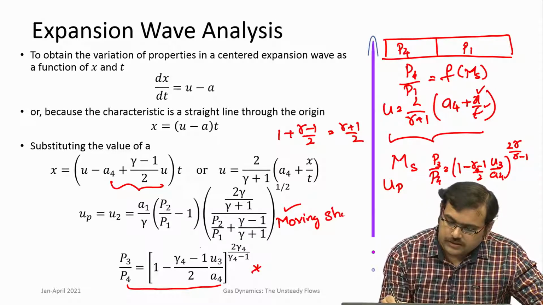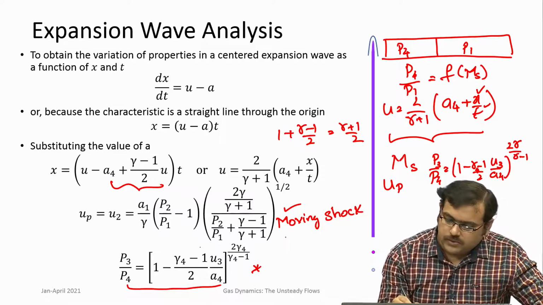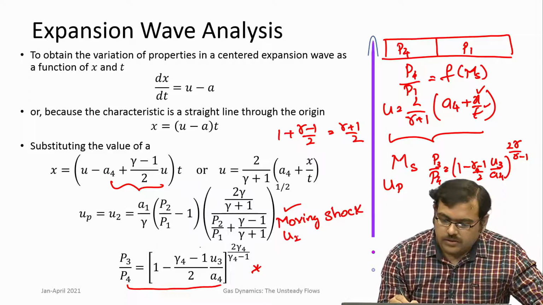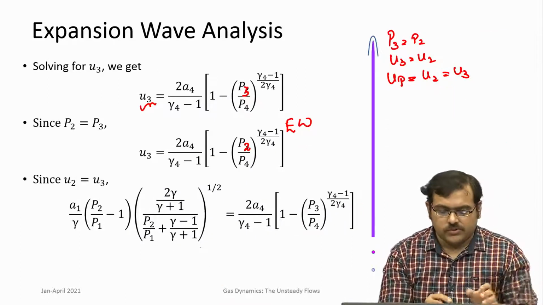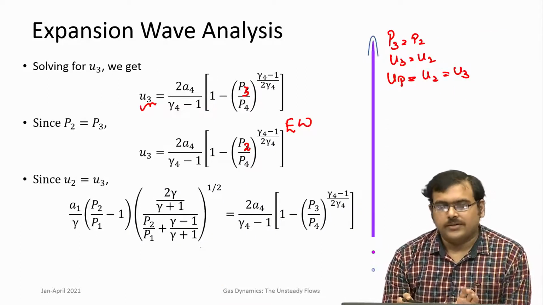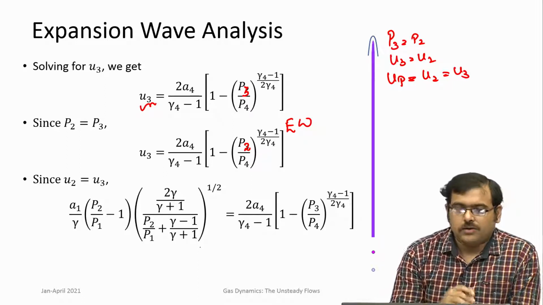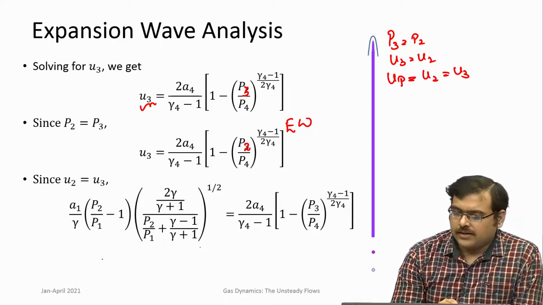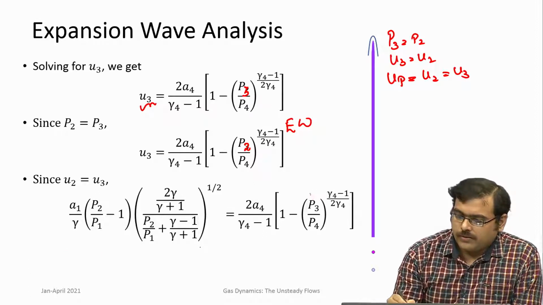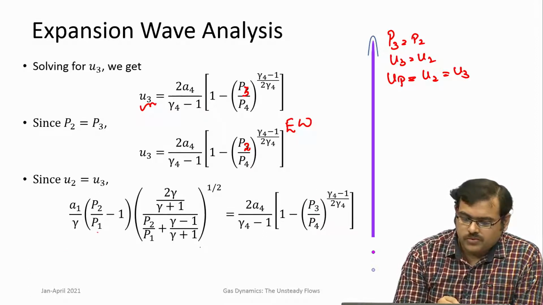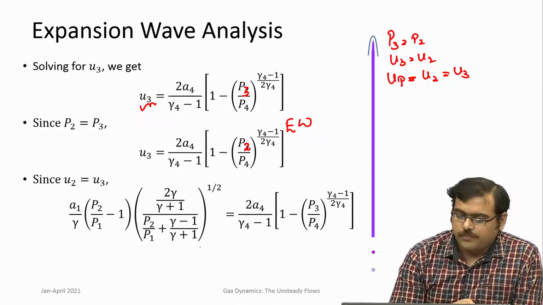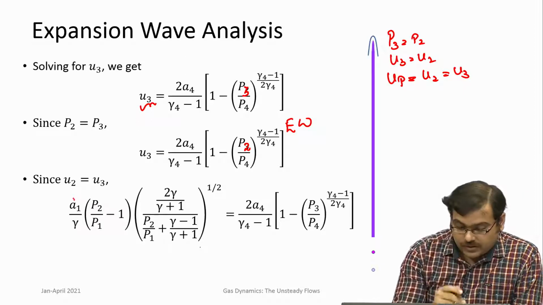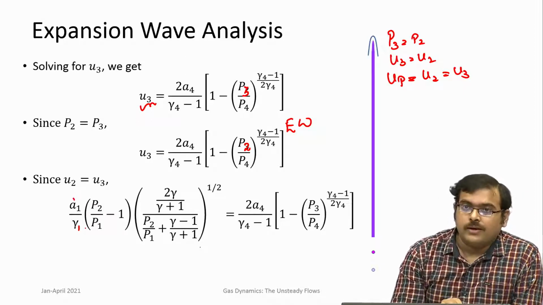So this is UP or U2, but U2 is equal to U3, so these two parts must be equal. So you put one equal to the other, and now you get a relationship where you have P4, P3, P2, P1, A4 and A1, and you have gamma 1 and gamma 4.